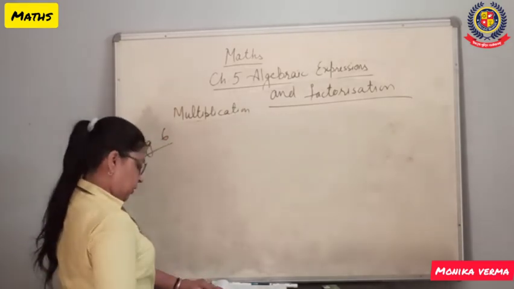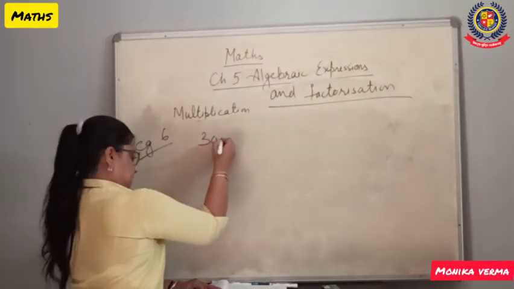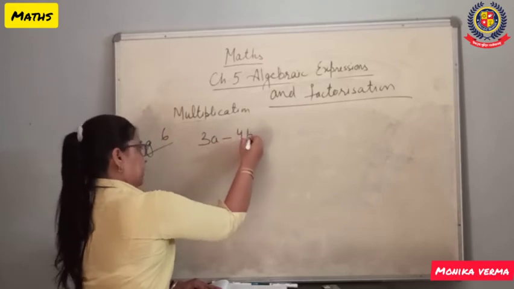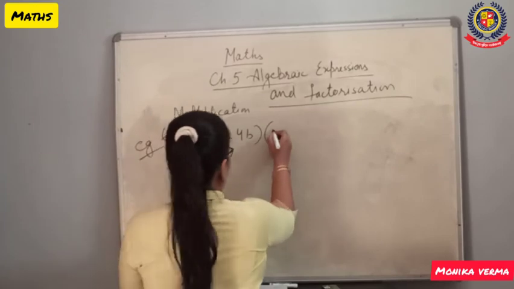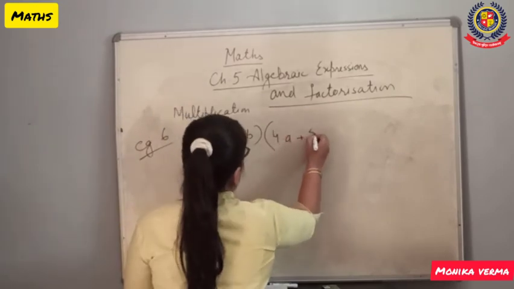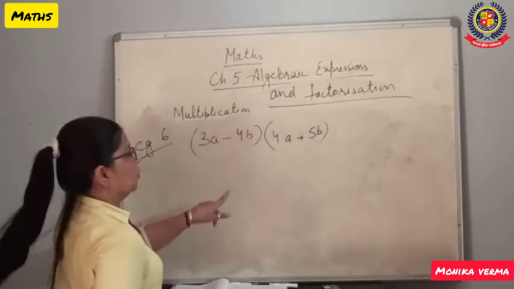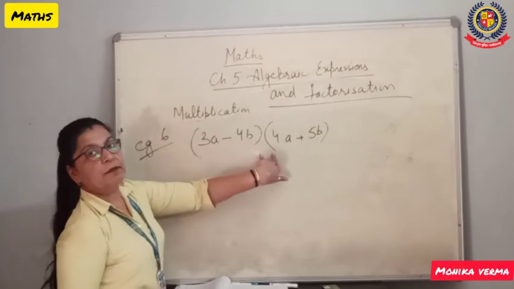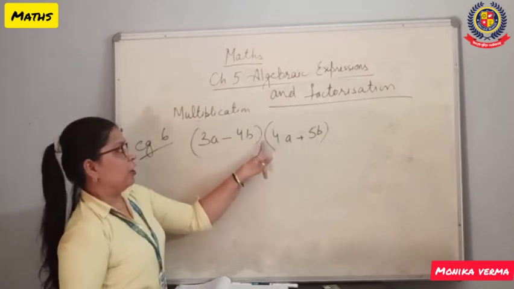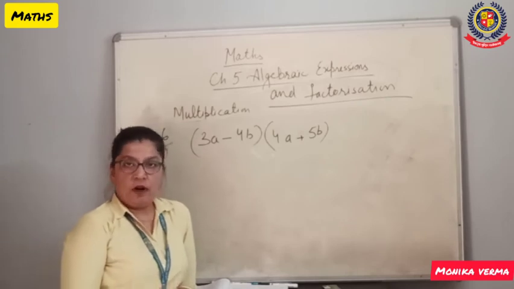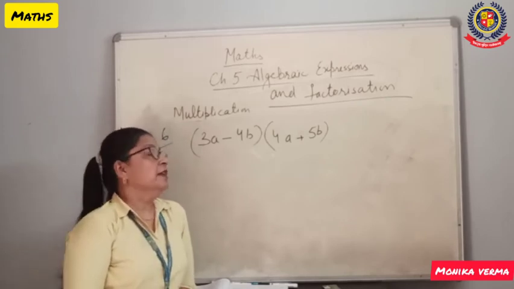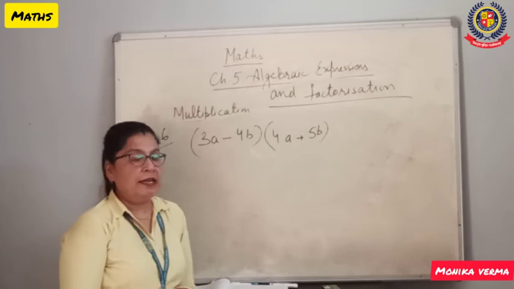So don't get afraid when you look at the question. But when there is no sign between two brackets, it means multiplication. I have not put any sign. If I put plus or minus, then they will be solved according to the sign. But when there is no sign, it means it is multiplication.